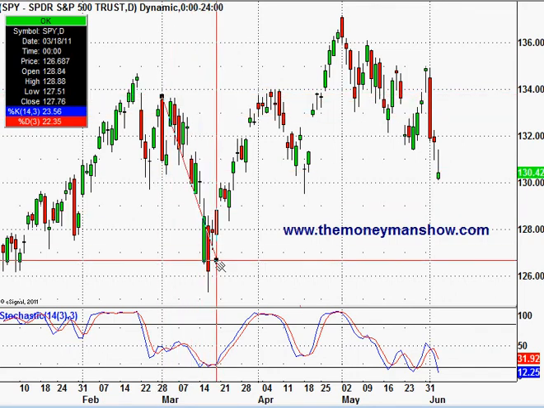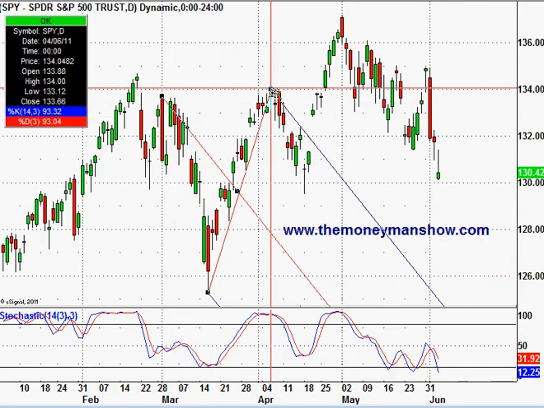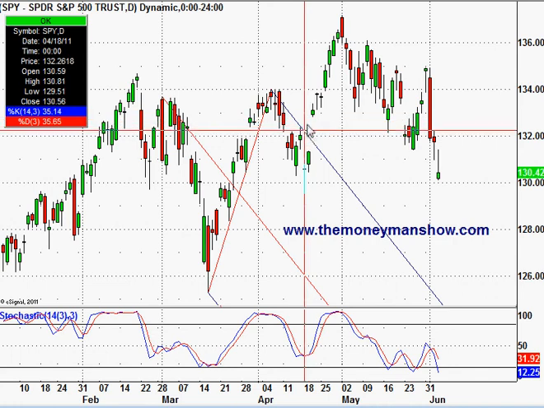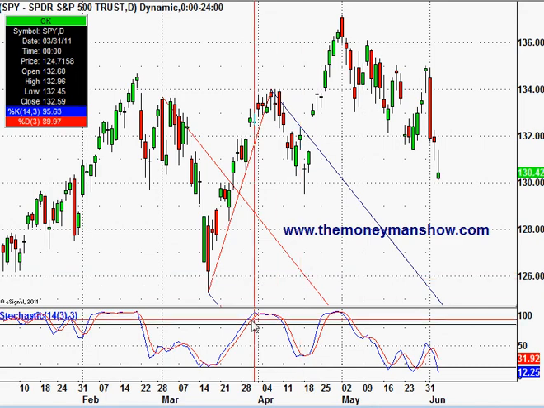The inverse situation is you have a high, a low, and a higher high, and then you are going to short the first time it touches the upper side, and you are going to buy when it touches the middle part on the lower part.